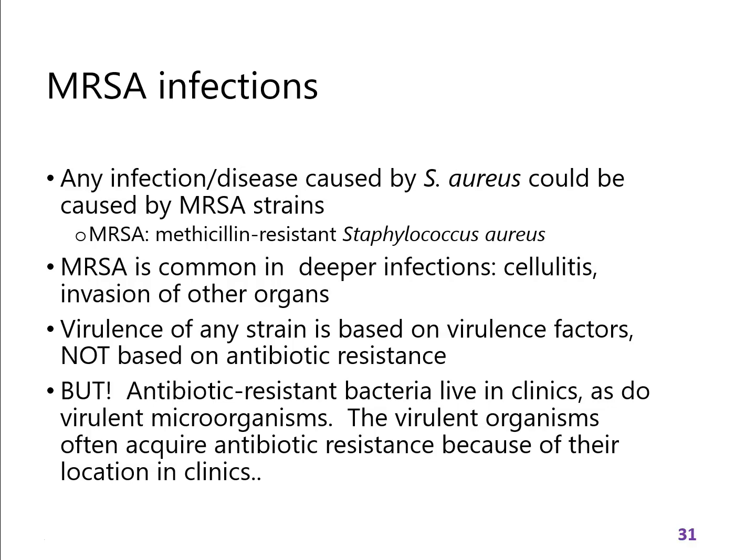And so those bacteria that are going through that selection, both for antibiotic resistance and for greater virulence, well, they're in clinics. Patients who have those are in clinics, shedding those bacteria, contaminating their rooms. And so there is a correlation between MRSA strains and virulence for that reason.